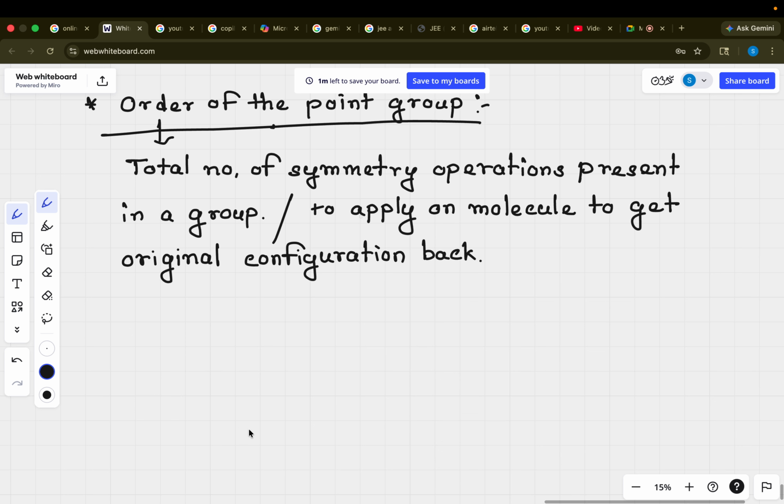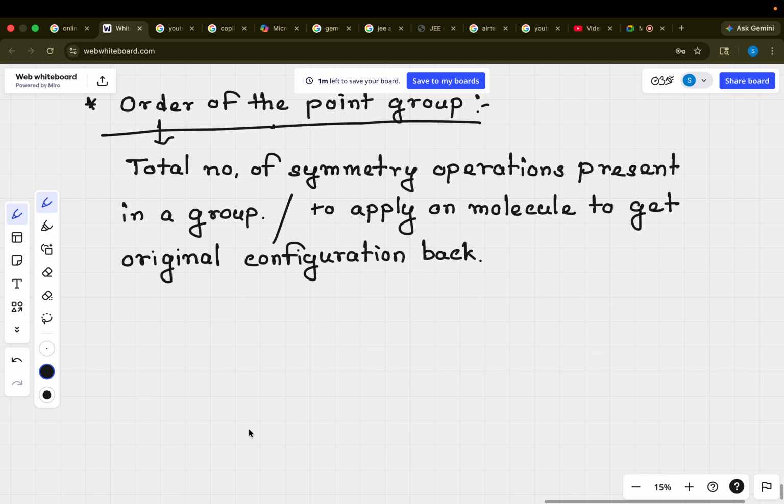Suppose you have a Cn point group. Here the number of operations will be n minus 1. So Cn is the point group and you will have n minus 1 operations.